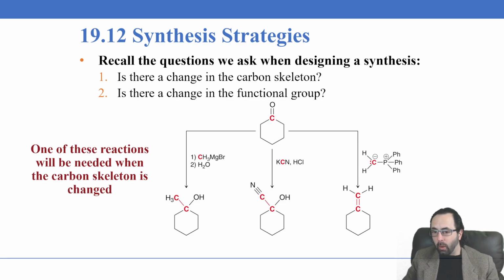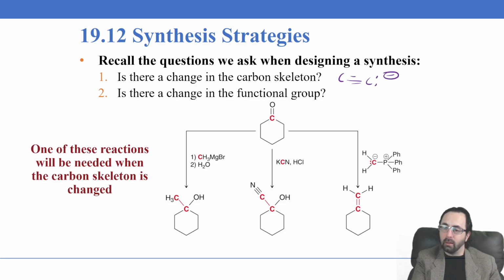We've had a couple of ways to change the carbon skeleton. One was reaction with alkynide ions, right? That can add on, and this would be R, that can add on a carbon, in this case with a triple bond, and then we can go on and do other things with that.